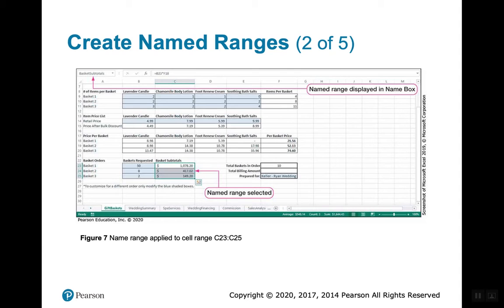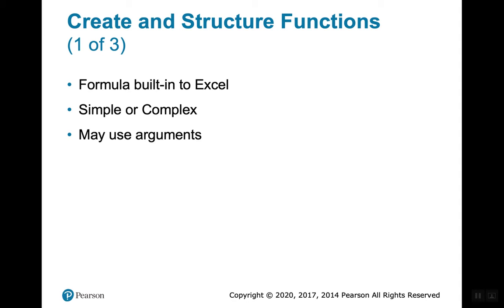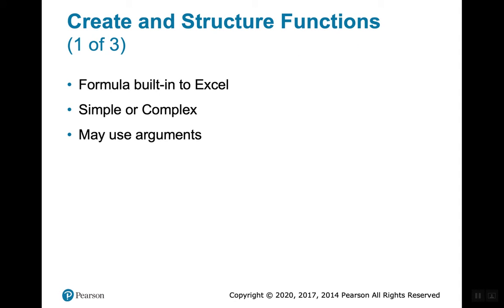So once again, like a lot of things in Excel, there are a couple of different ways to do this. That's a couple of ways to create different kinds of structures inside of Excel.